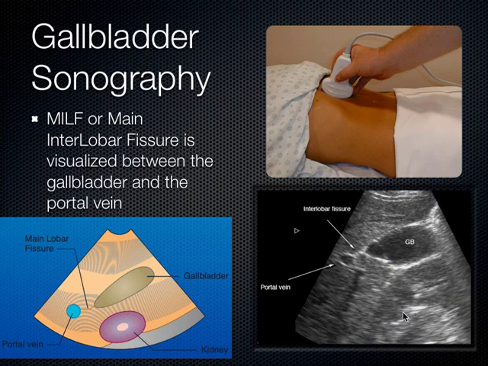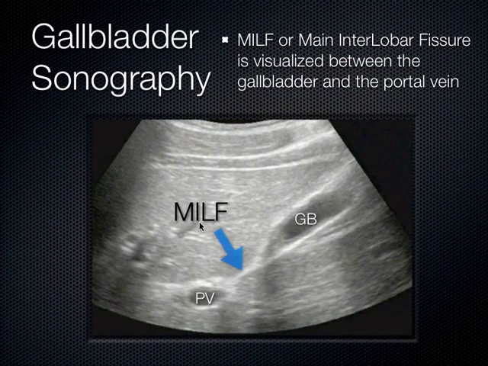And we can see the main interlobar fissure seen right here between the portal vein and the neck of the gallbladder. Another example of the main interlobar fissure is this example right here. I don't know why everybody always laughs at this. Here's the portal vein here. This is the gallbladder. And again, you're looking at an anechoic structure like, oh, which one is the gallbladder?